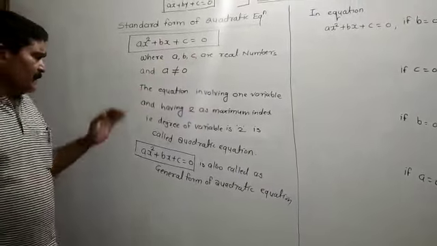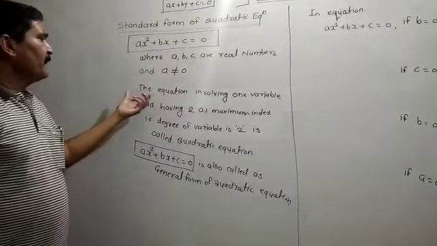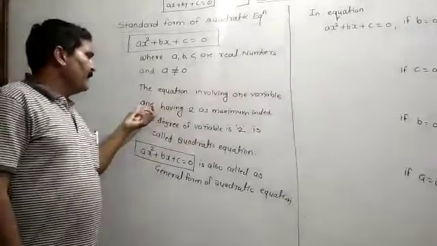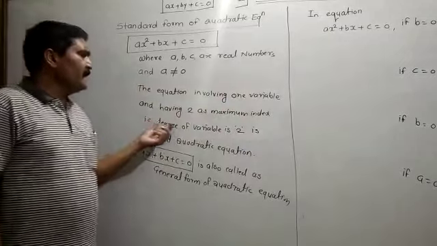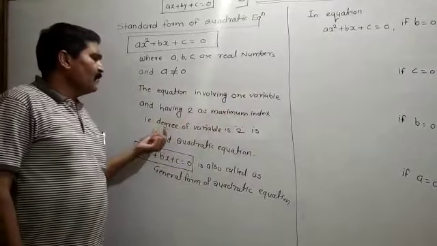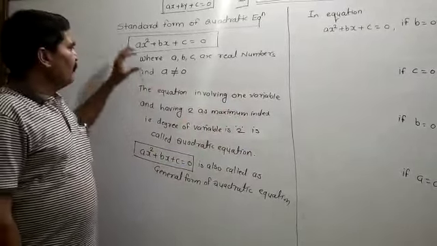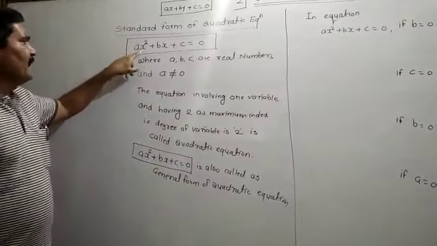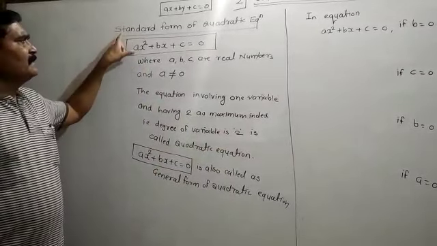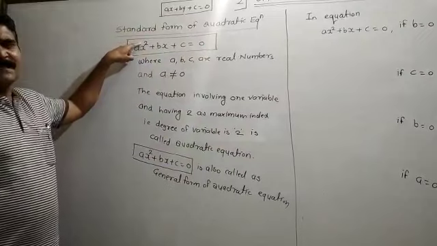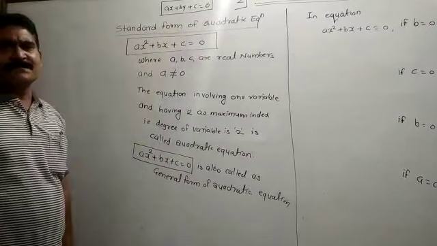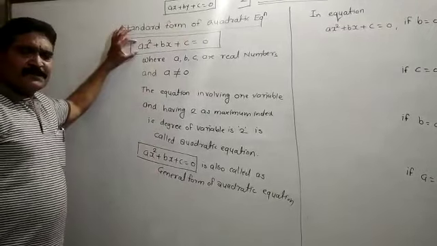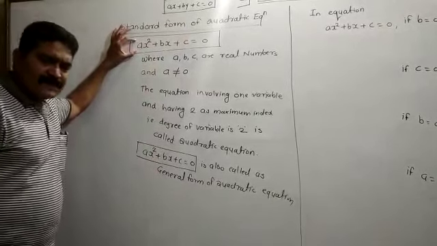Then the quadratic equation is the equation involving one variable and having 2 as the maximum index, that is, the degree of the variable is 2. If you observe this expression, the highest index of this expression is 2. Here the index is 2, here the index is 1, and this is the constant term, with index 0. The highest index is 2, so the degree of this expression is 2.